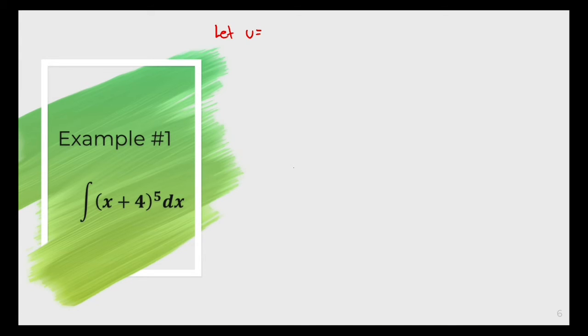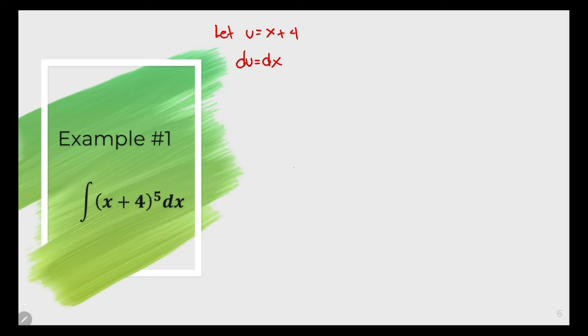For this example, it involves parentheses, therefore inside the parentheses is our u, which is equivalent to x plus 4. The second step is to find the derivative. The derivative of u is your du. The derivative of x plus 4 is 1 dx, or equivalently, dx.